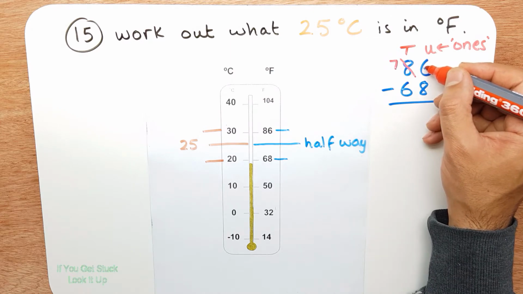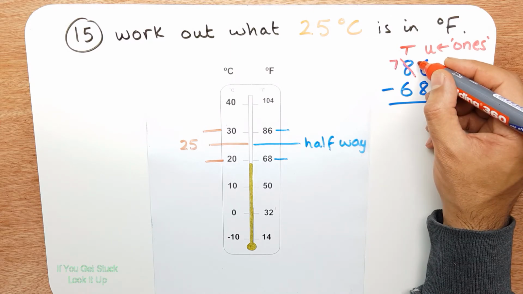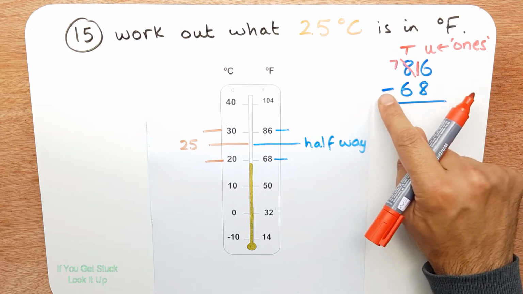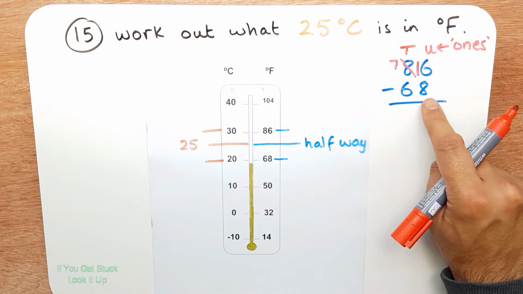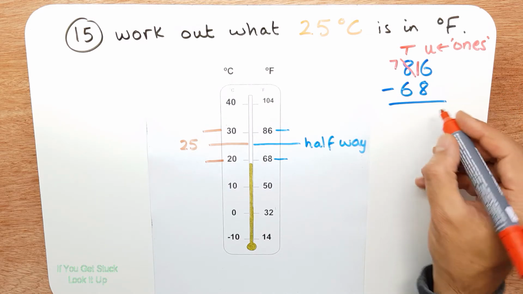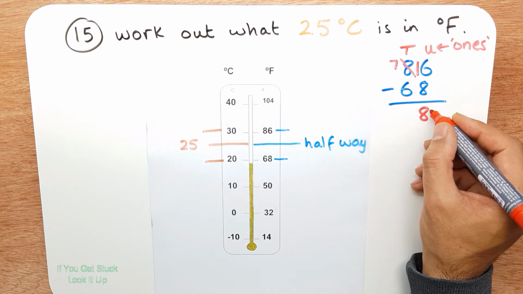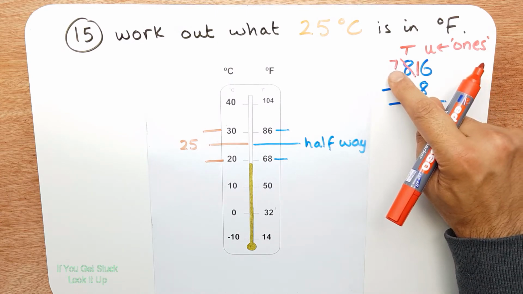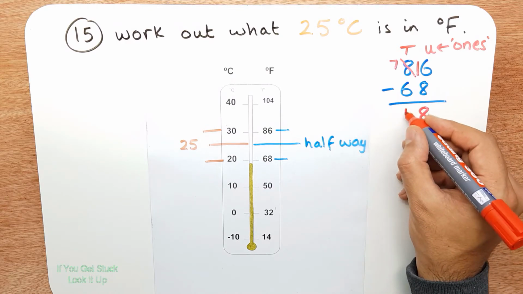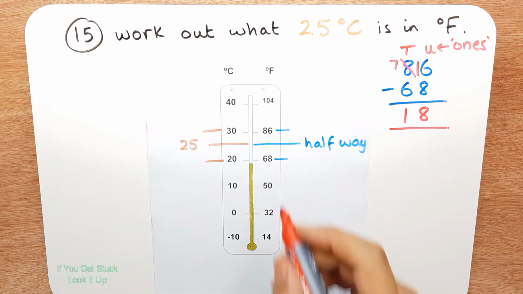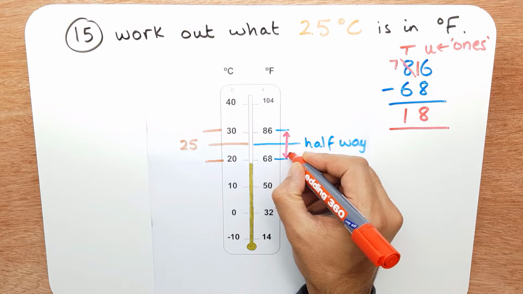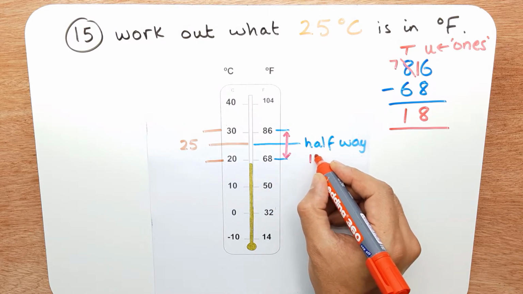And the 1 we've borrowed turns the 6 into a 16. So now we have 16 take away 8. 16 minus 8. And the answer's 8. And finally we have 7 take away 6, which is 1. So now we know that the difference between these two temperatures is 18.